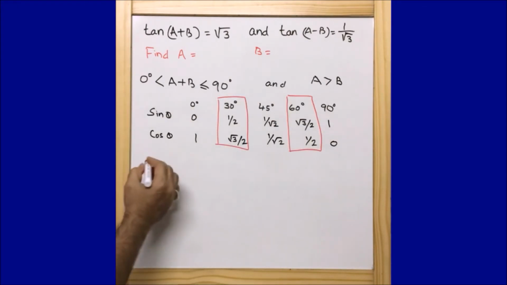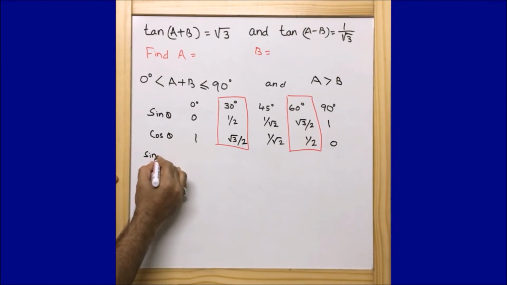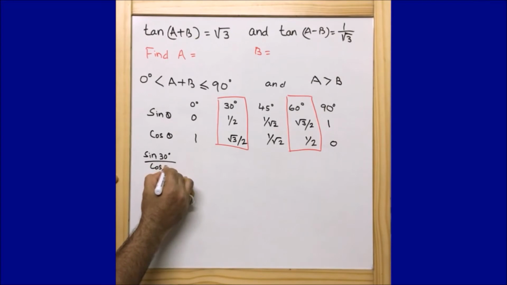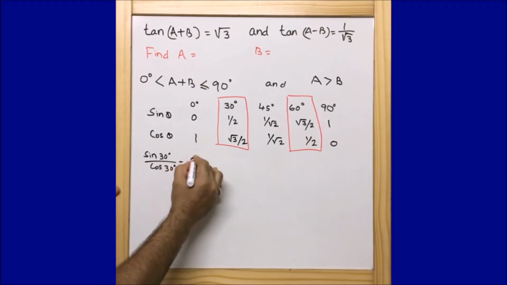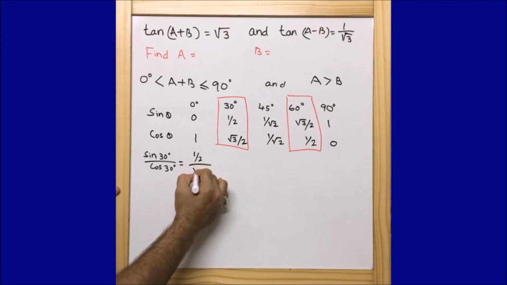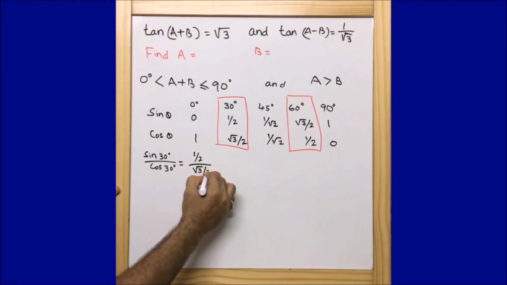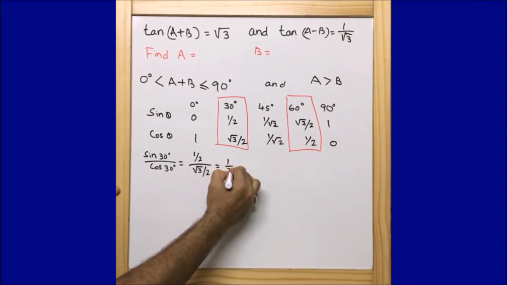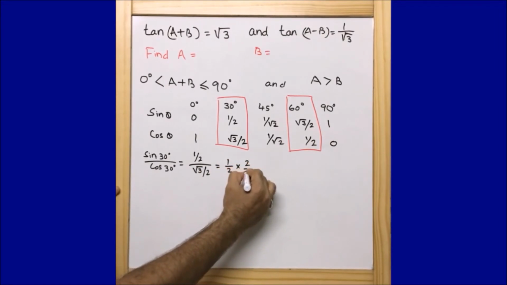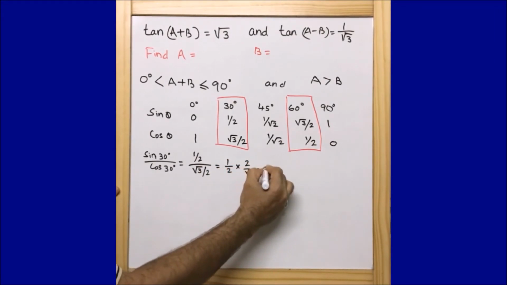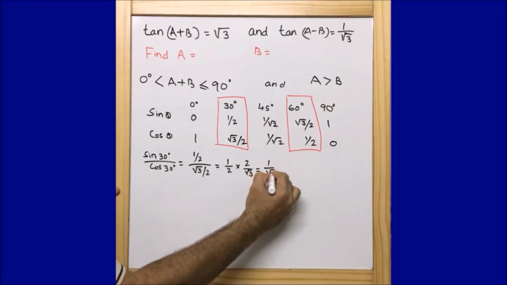I can write sine 30 degree by cos 30 degree is equal to 1 by 2 upon root 3 by 2, or that is equal to 1 by 2 into 2 by root 3, or that is equal to 1 by root 3.